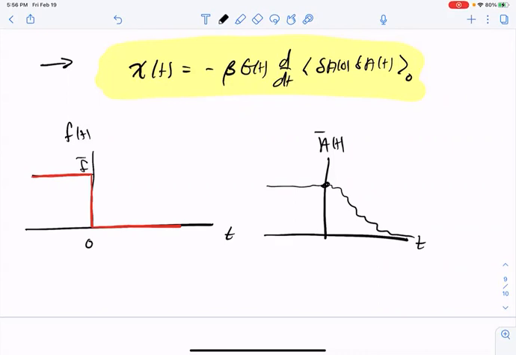So encoded in the dynamical fluctuations, and specifically the time correlations of an observable, is how that observable relaxes under a perturbation. Now, this has a long history.